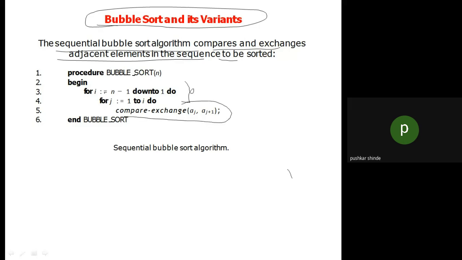For i equal to n minus 1 down to 1, and j equal to 1 to i, compare exchange a of j and a of j plus 1. Adjacent elements are compared and sorted. This is how sequential bubble sort works.